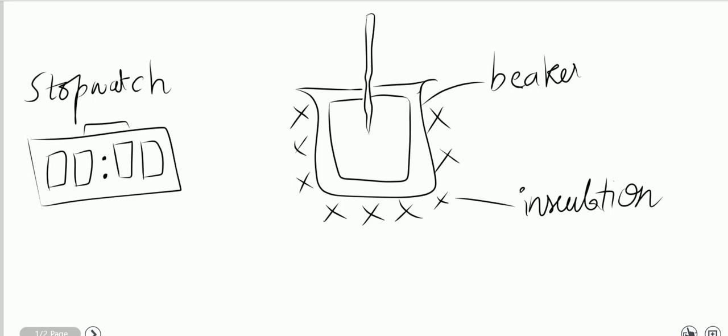I know my thermometer looks weird. This is your heat bag.